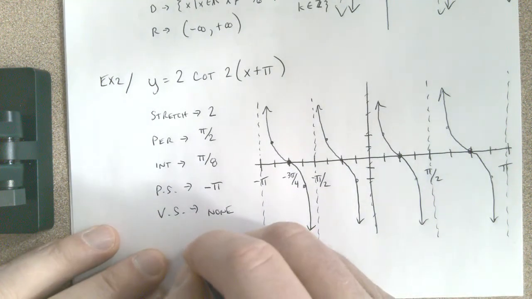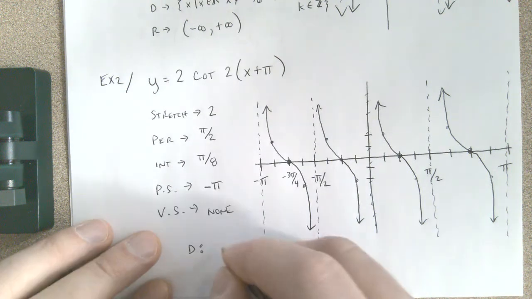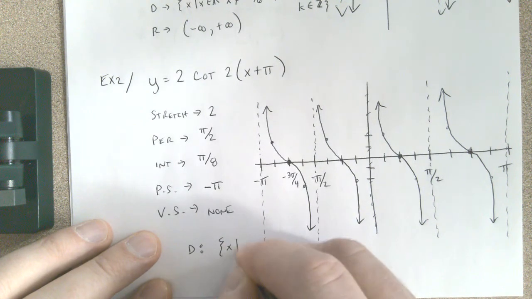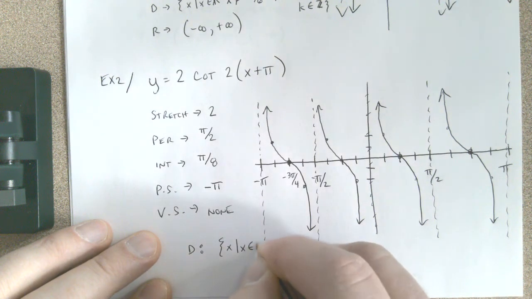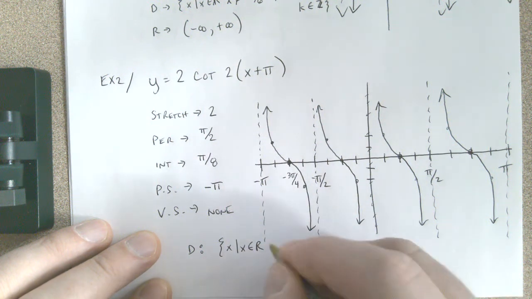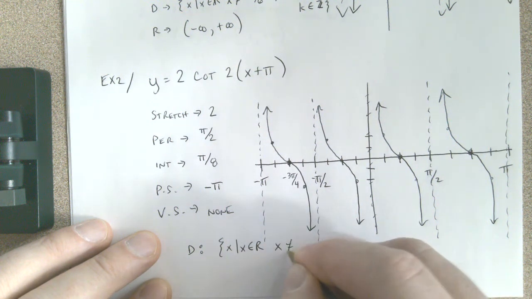Now, if we identify the domain on this one, for all x, such that x is an element of the real numbers, we'd say x cannot equal.